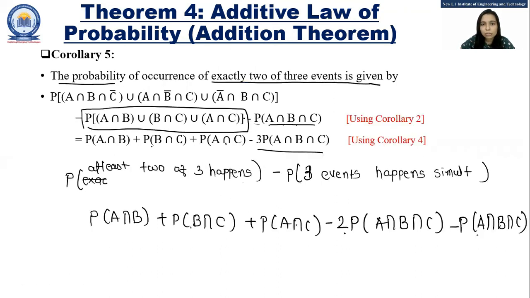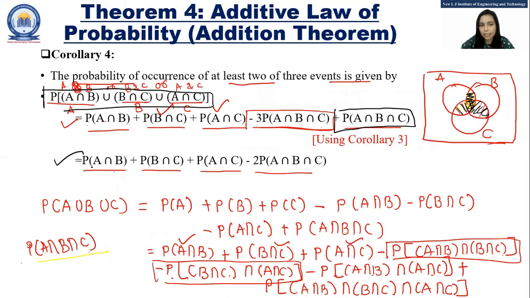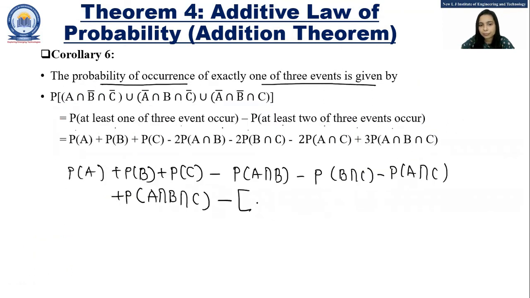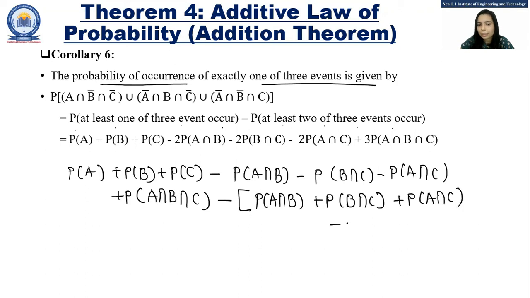For at least 2 of 3, we have discussed, that is P of A intersect B plus P of B intersect C plus P of A intersect C minus 2 into P of A intersect B intersect C.